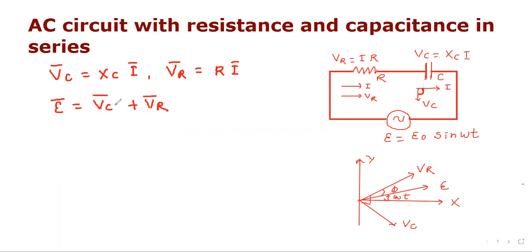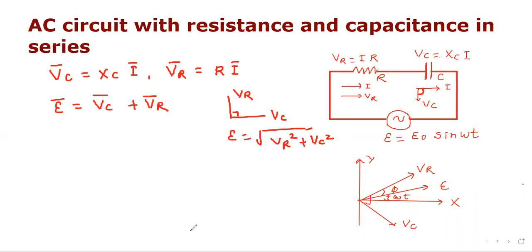Here, the algebraic sum of voltage across capacitance plus voltage across resistance will be greater than the applied voltage because they are mutually perpendicular. So E will be the resultant of the two. Suppose this is VR, this is VC, then E will be equal to root of VR square plus VC square.